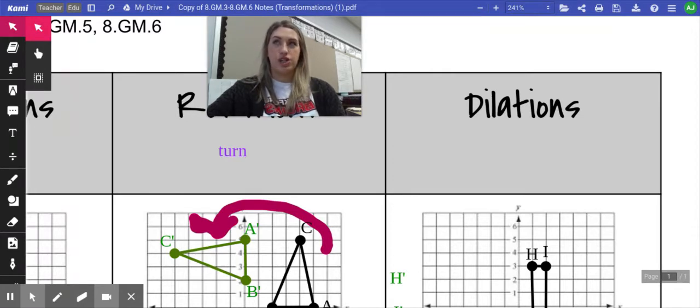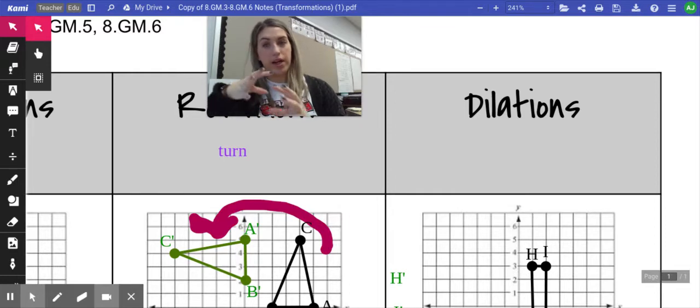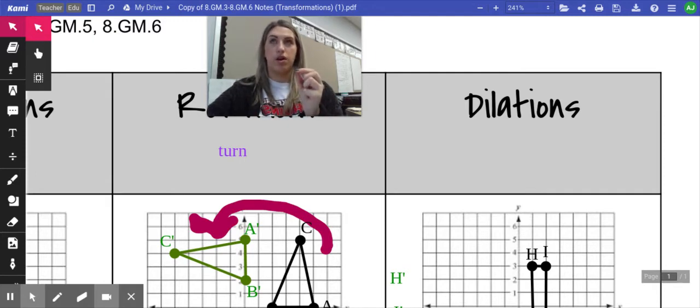A dilation is when an image or a point or a shape or a line, whatever, can either get bigger or get smaller. So if you think about holding your phone, zooming in on something, that is a dilation where you are making the image bigger. If you zoom out on something, you're making it smaller.